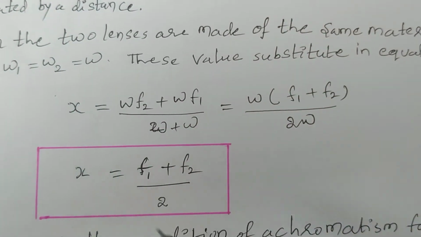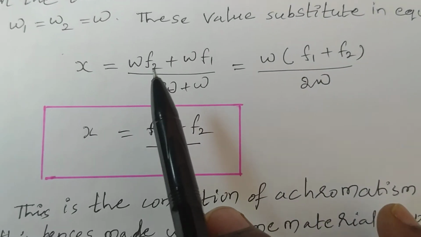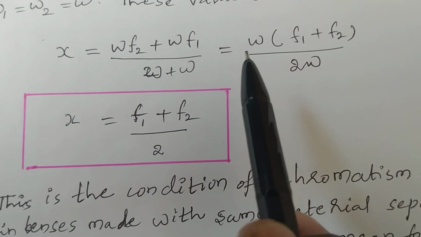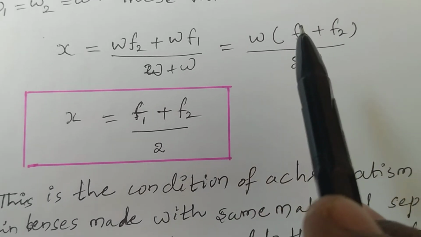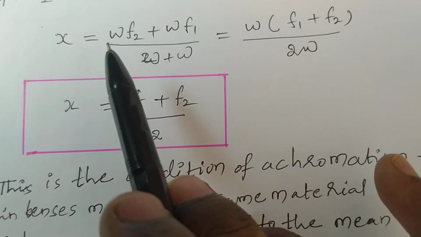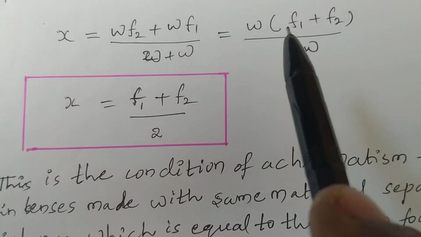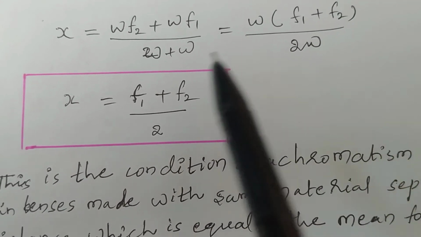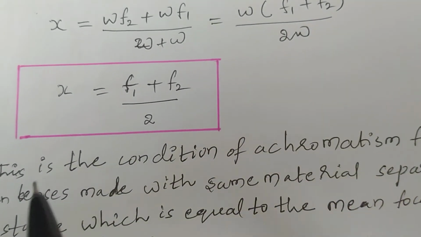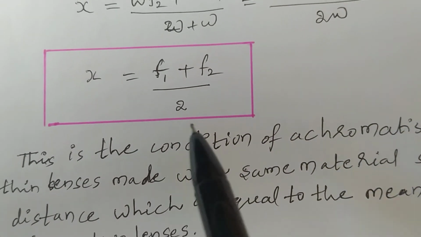Substituting these values in equation 2, x is equal to omega f2 plus omega f1 by omega plus omega, which is omega into f1 plus f2 by 2 omega. Now omega cancels, therefore x is equal to f1 plus f2 by 2.